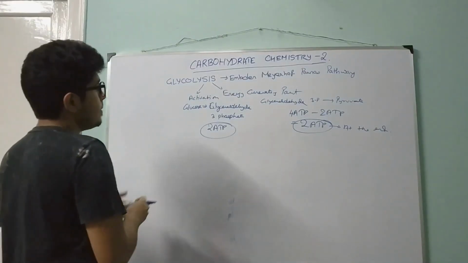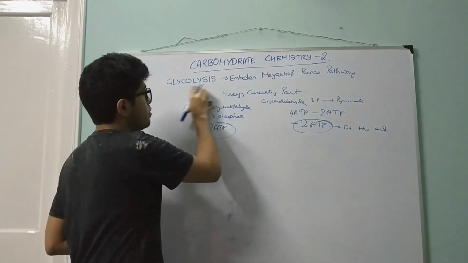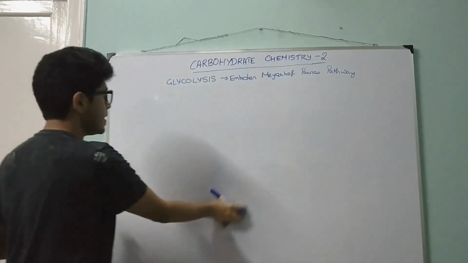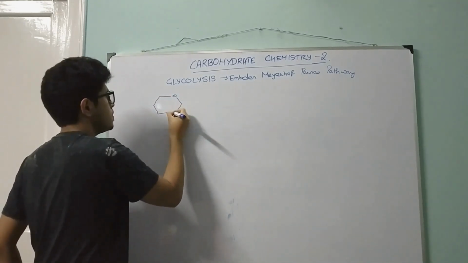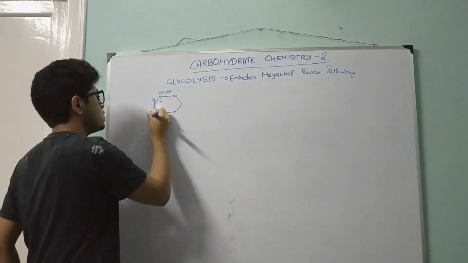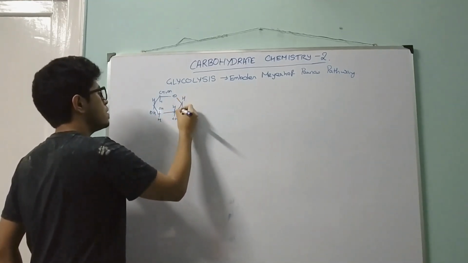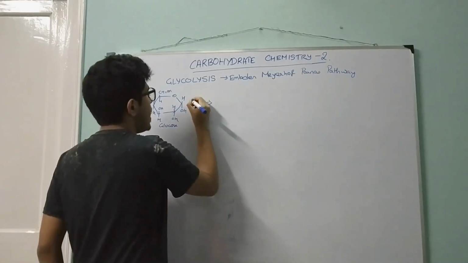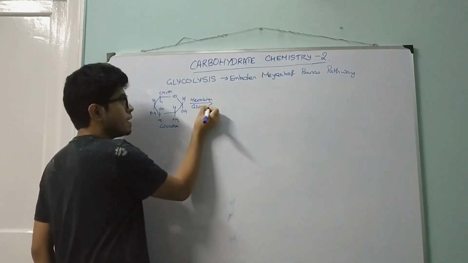Now, coming directly to the pathway, the first step of glycolysis is where the glucose molecule is converted into glucose 6-phosphate, acted upon by hexokinase or glucokinase.